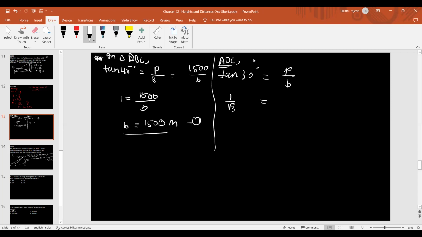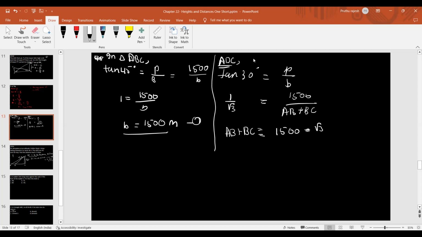We figured it out to be 1500 divided by AB plus BC. Now cross multiply, AB plus BC is equal to 1500 into root 3.